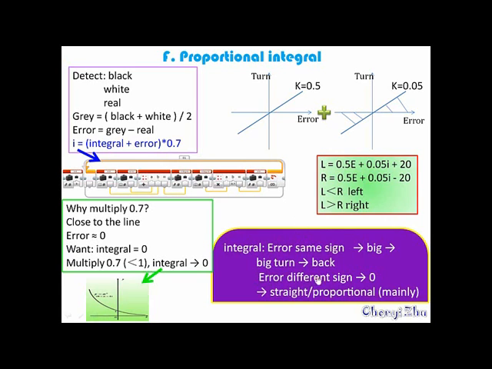And it will have a big turn and get back to the line. If the arrows are in different signs, the integral will be close to 0. So the robot will move straight or mainly depend on the proportional controller. Let's watch the video.